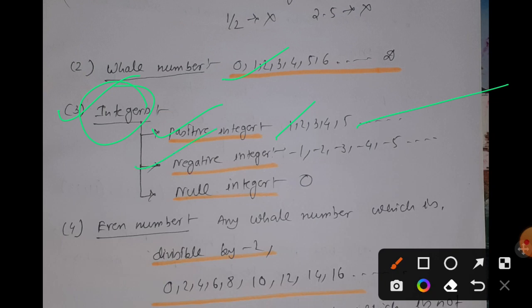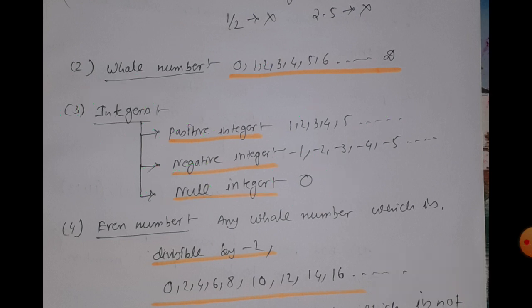Negative integer is minus 1 to minus infinity, okay? And 0 is the null integer. Remember, 0 is the null integer because we are not considering 0 as a positive number or a negative number, okay? That is why we have taken 0 under the category of null integer, okay?